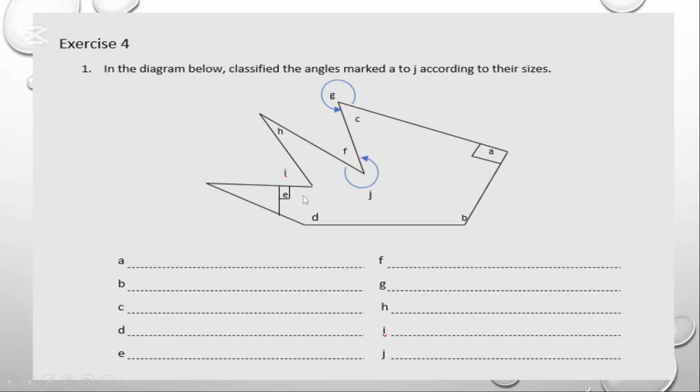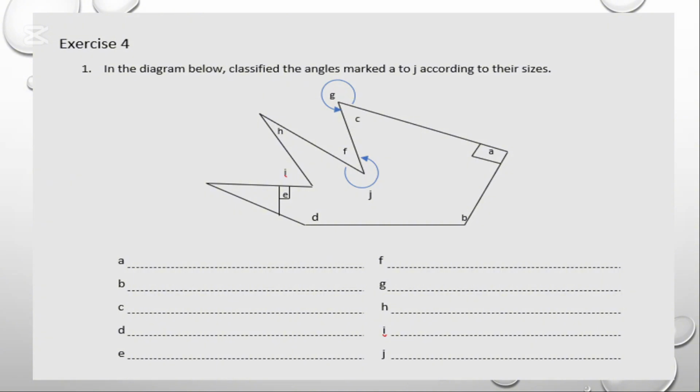D, I can see immediately D. Look there, there's the one side, there's the other side, and I can see this movement was past the 90 degrees, so it must be an obtuse angle. E, and we have the symbol there, and immediately we know it's a right angle. F, I can see from here, it is an acute angle.